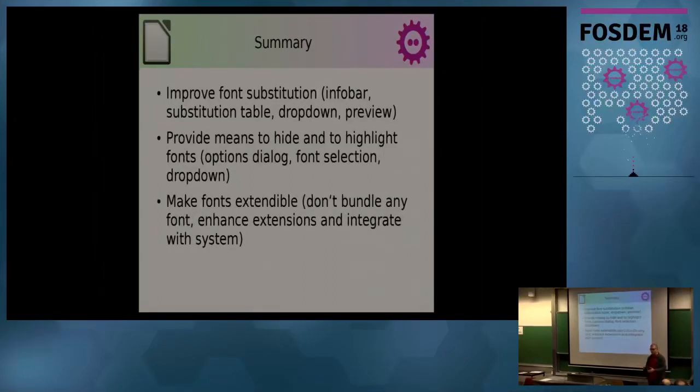That should go into the options dialog, and the font selection drop-downs, all this stuff has to be reworked. And the last thing, the font extension thing, so that we do not need to ship fonts. That's all. Thank you.